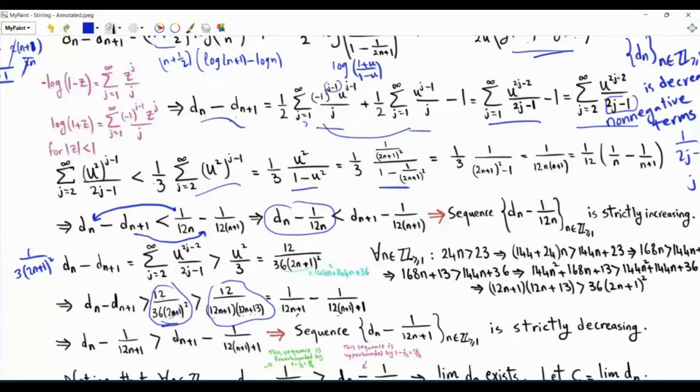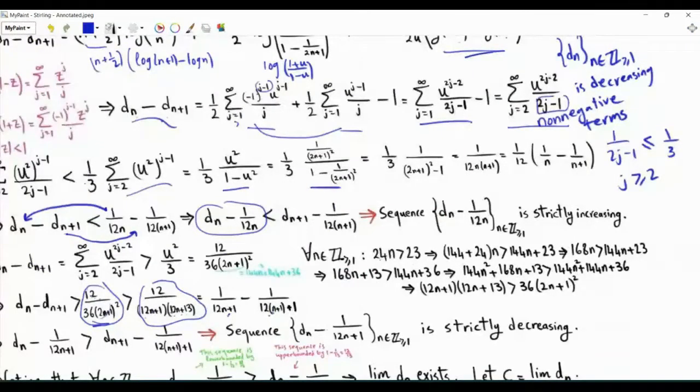How do we know that this is less than that? Sorry, this is greater than that. There are a number of ways, and this is one of them. Pick any strictly positive integer n. It's the case that 24n is greater than 23, because the minimum value of n is 1 and 24 is greater than 23.